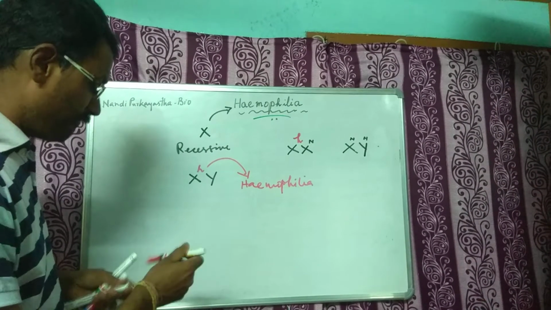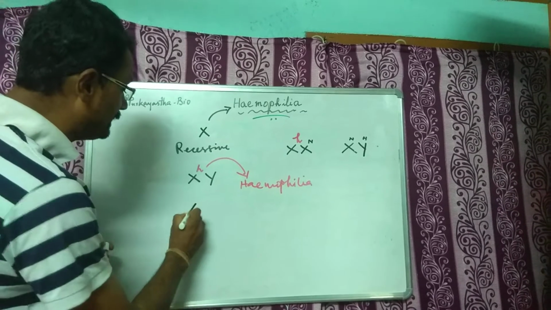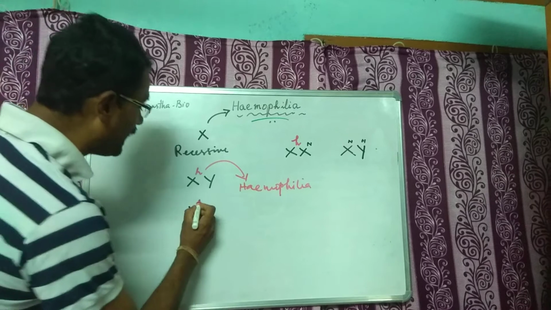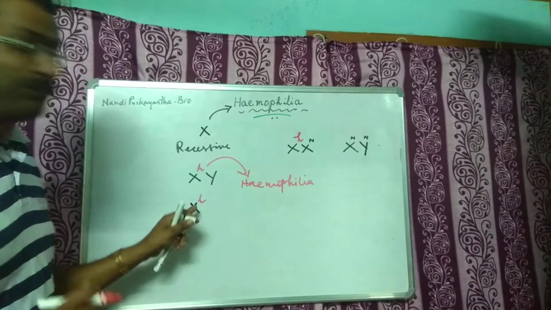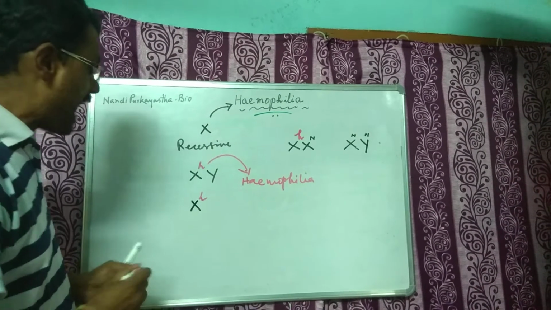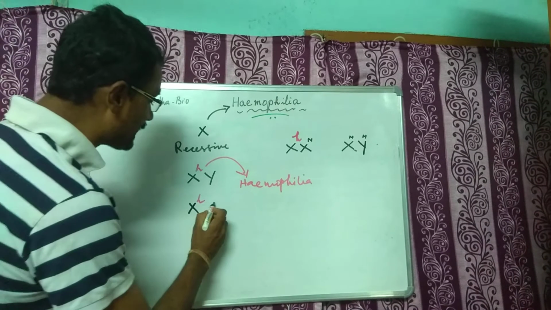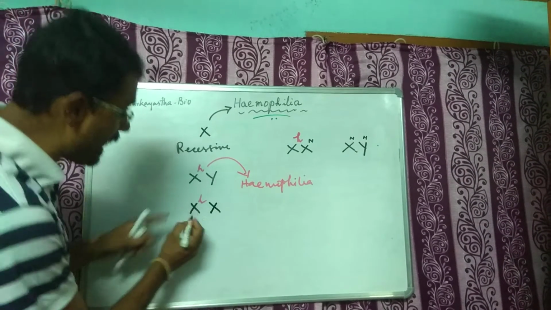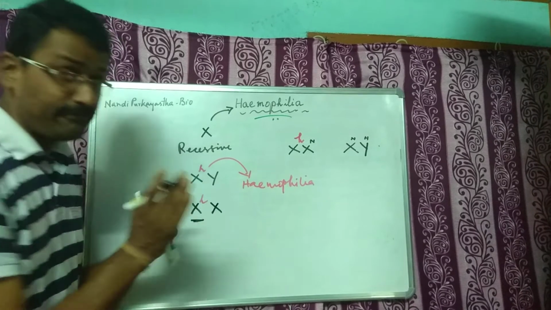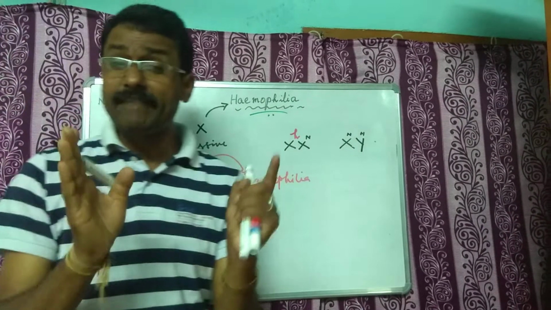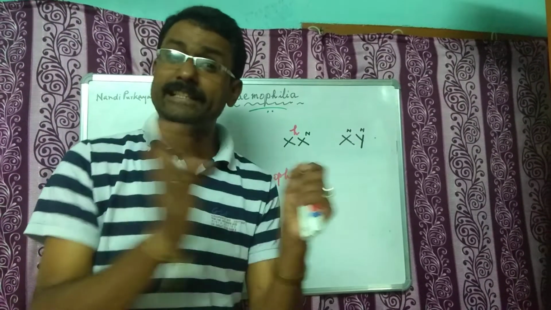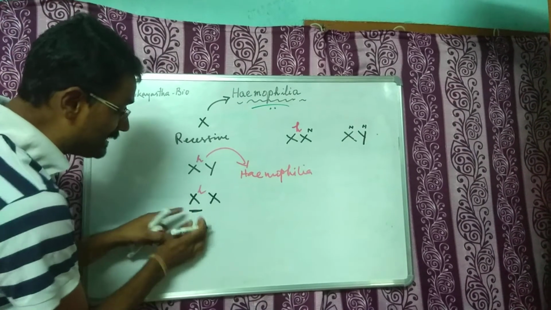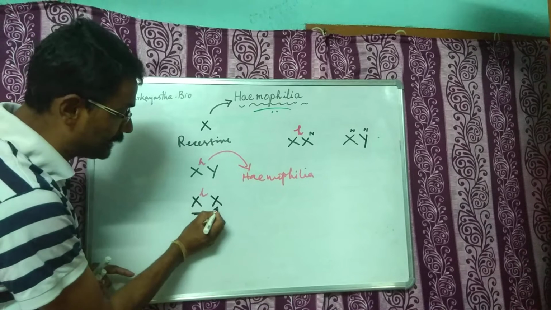But in the case of females, you see very nicely, this is X, and this is the hemophilia gene, H. There is another X chromosome they have. As this is a recessive sex-linked disease, or recessive X-linked disease, you can say, the normal one is expressed.